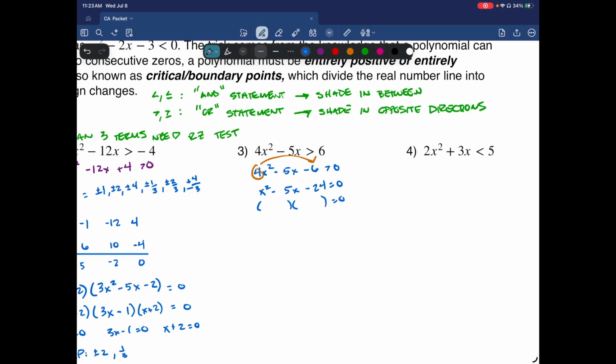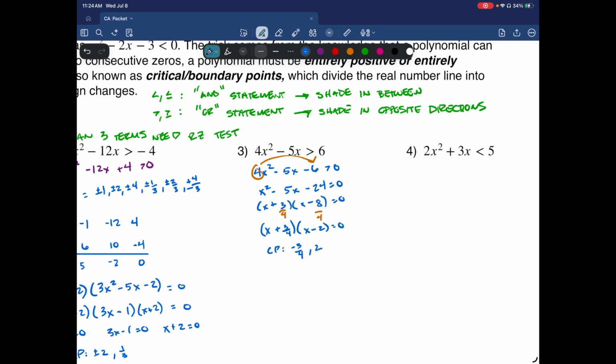All right, x plus, minus 3 and 8 give you 24, and then also give you 5 in the middle, so it's going to be -8 plus 3. All right, I started with 4, so I got to divide by 4. So it's going to be x plus 3/4 and x minus 2. When I get my critical points from here, critical points are going to be -3/4 and 2.